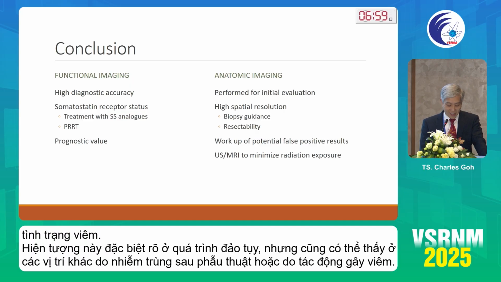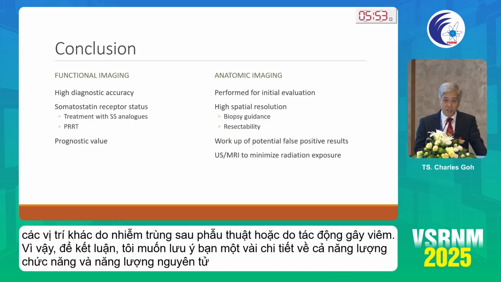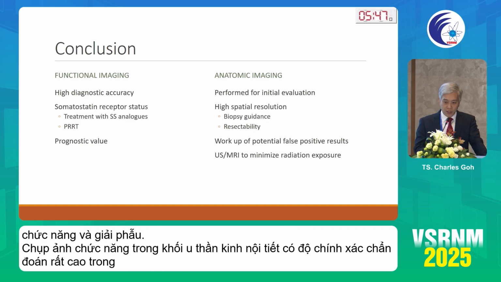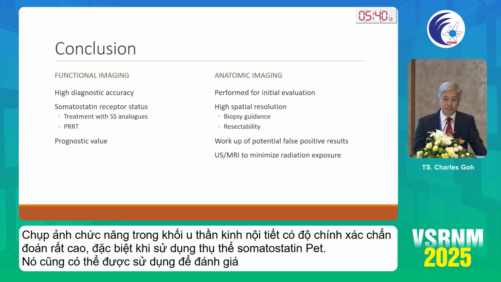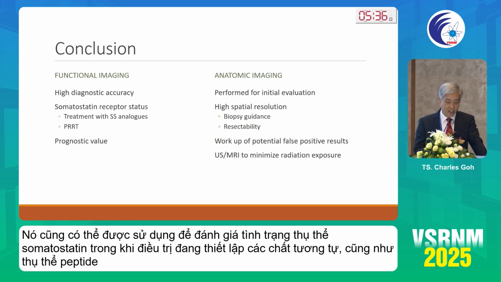So in conclusion, I would like to just bring your attention to a few details about both functional and anatomic imaging. Functional imaging in neuroendocrine tumors has a very high diagnostic accuracy, in particular with the use of somatostatin receptor PET. It can also be used to assess somatostatin receptor status prior to treatment with somatostatin analogs as well as peptide receptor radionuclide therapy.